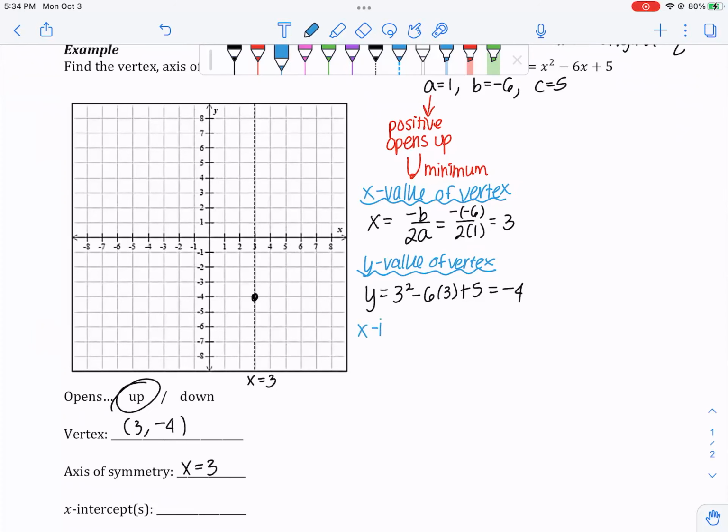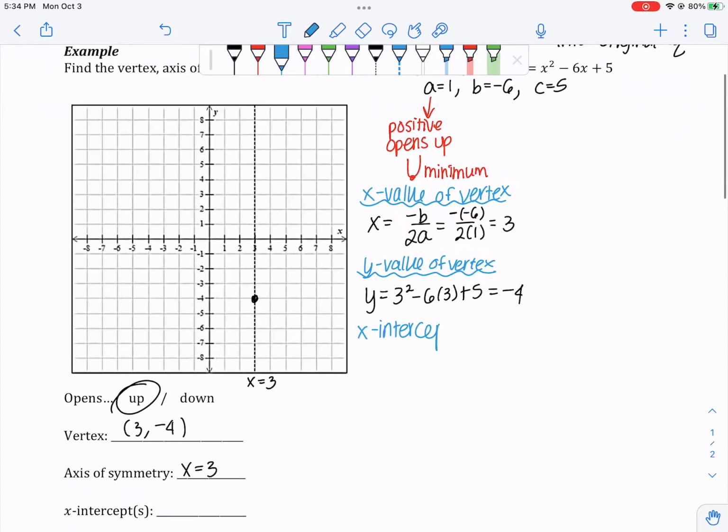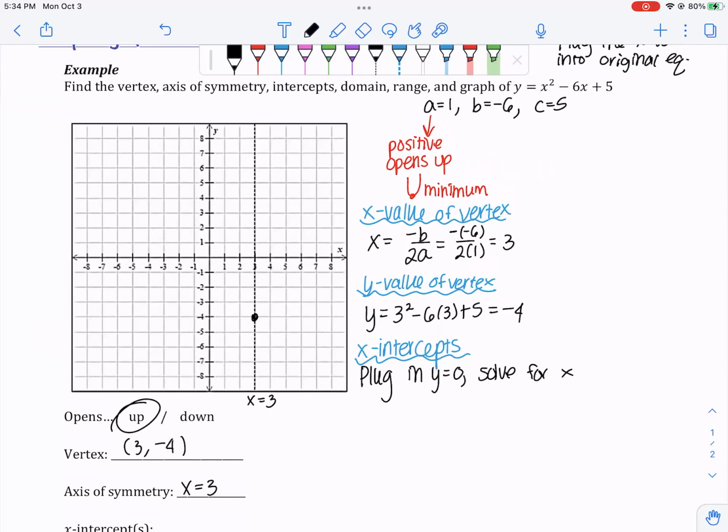To find the x-intercepts, we are plugging in y equals 0 and solving for x. So let's see. We have y equals x squared minus 6x plus 5. I am replacing y with 0.